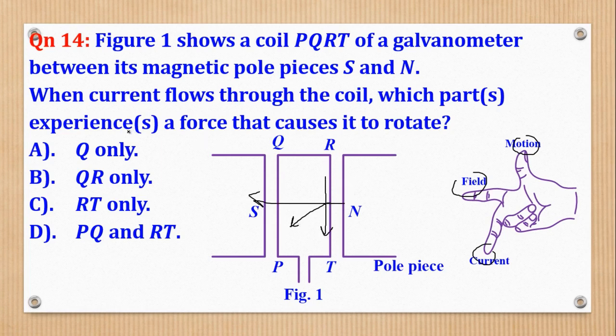So the sides which experience a force are this side and this side, PQ and RT. So let's look for that. Q only is not okay, QR only is not okay, RT only is not okay, because there are two sides. Then this is okay because it gives both sides.